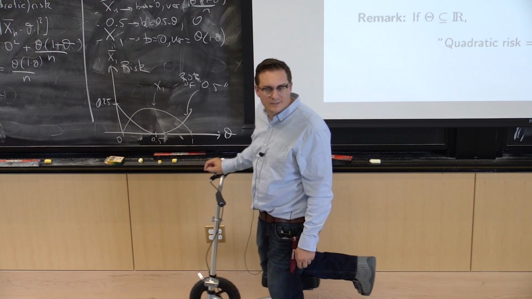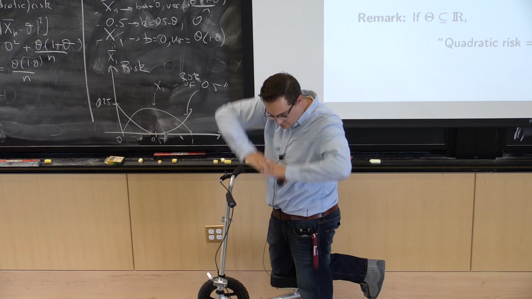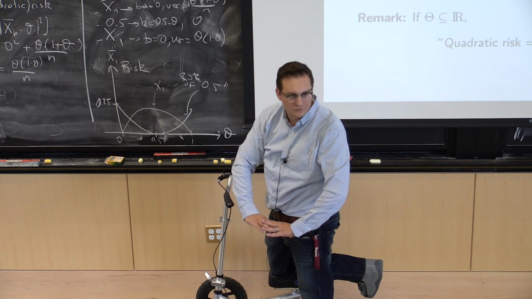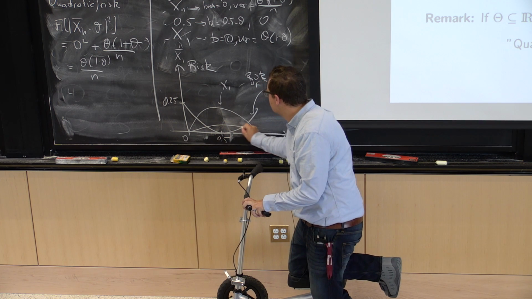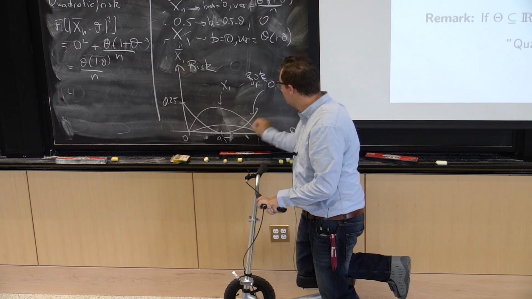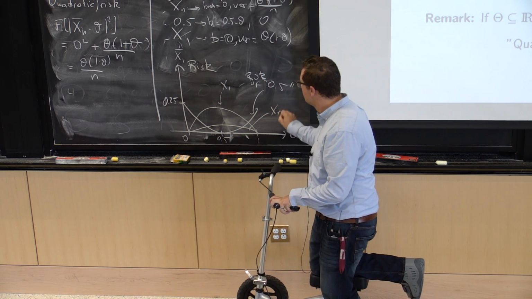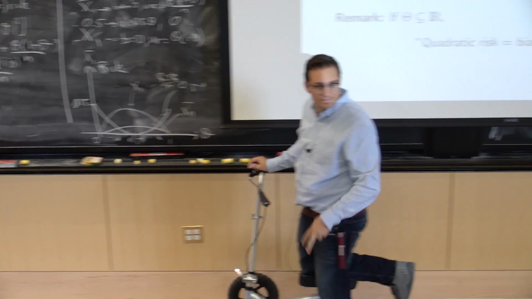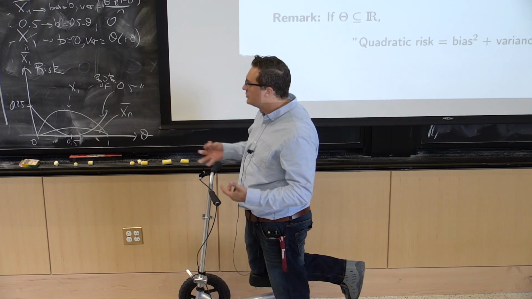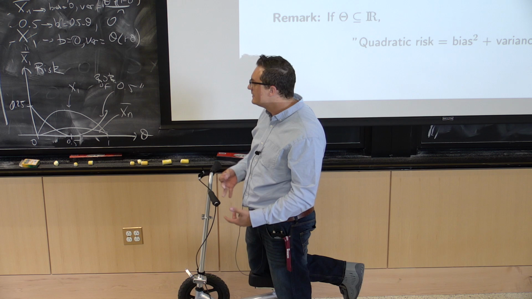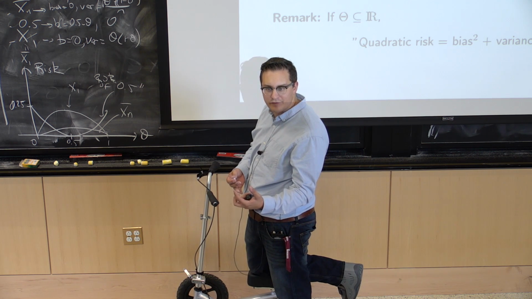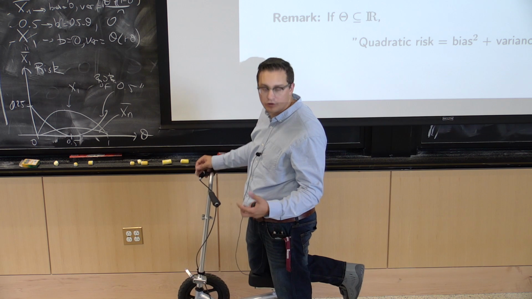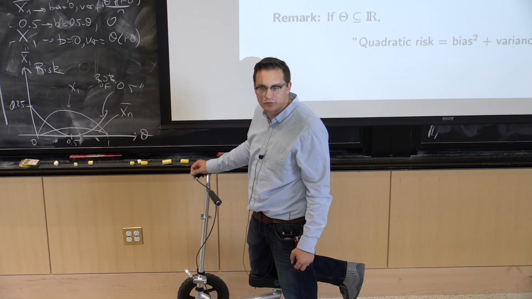But if I look at the risk of xn bar, all I'm doing is crushing this curve down toward 0. So as n increases, it's going to look more and more like this. It's the same curve divided by n. And so now I can start to understand that for different values of theta, I'm going to have to be very close to theta equal to 1/2 if I want to say that xn bar is worse than the naive estimator of 0.5.